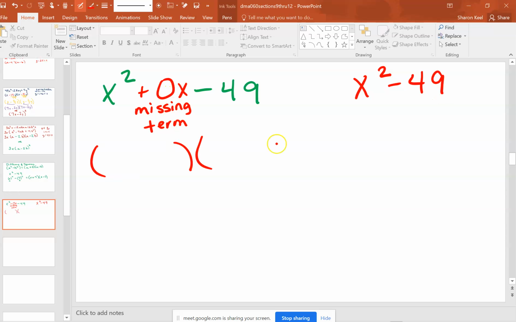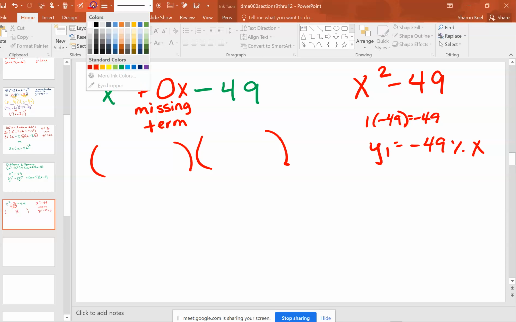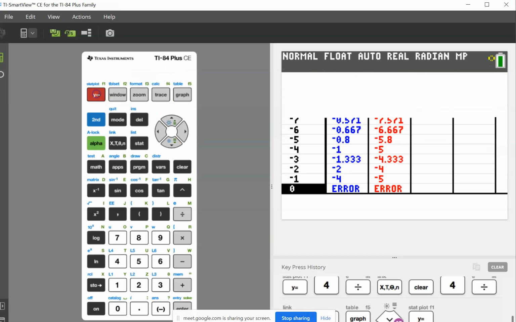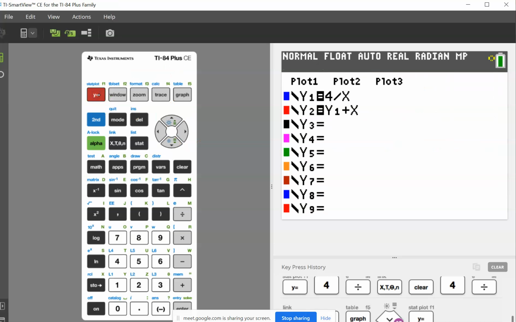So if I go to factor this and I go to y1, I've still got 1 times negative 49 gives me negative 49. So we're doing negative 49 divided by x. The middle number, what we're looking for, that b, is going to be a 0. So here, on y equals, hit clear, negative 49 divided by x.